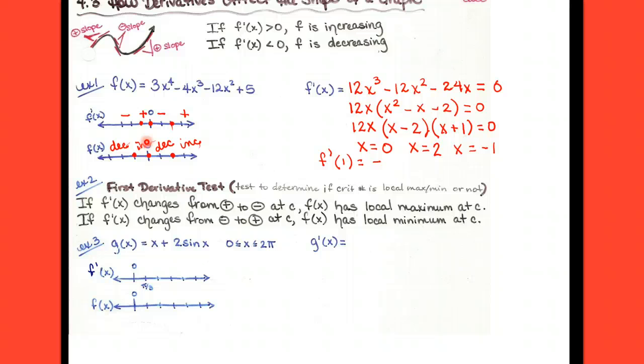I would have a horizontal tangent line, absolutely. And what would that value be? It would be a minimum. If my graph was going down, decreasing, and then it turns around and comes back up to increasing, at that point where it changed, isn't that going to be a relative minimum?